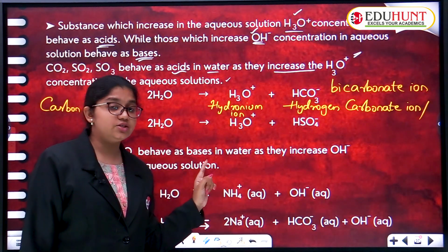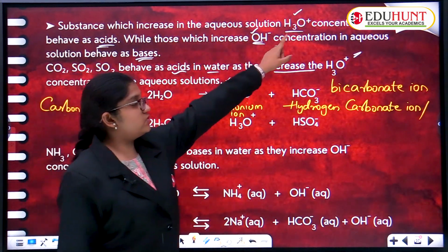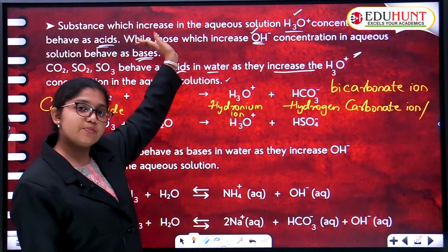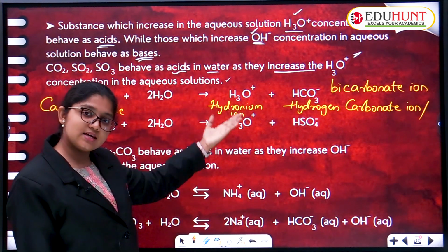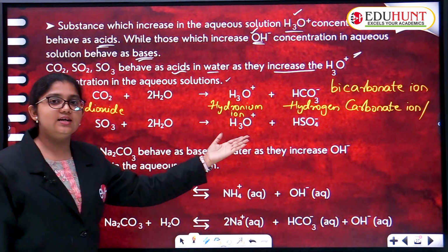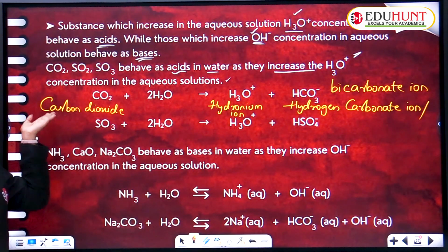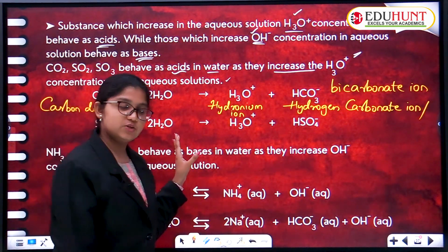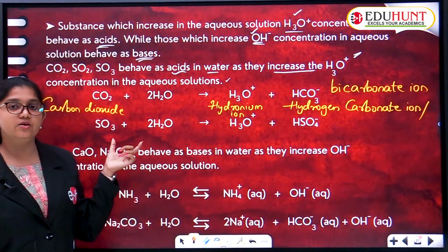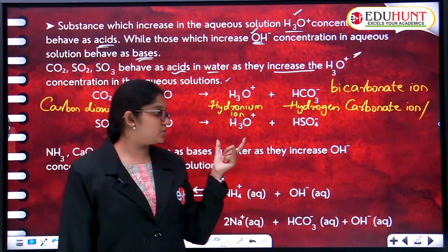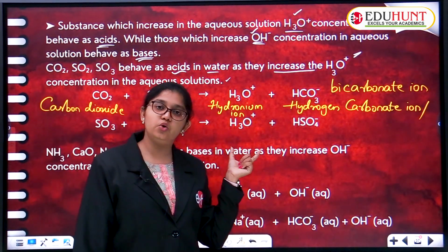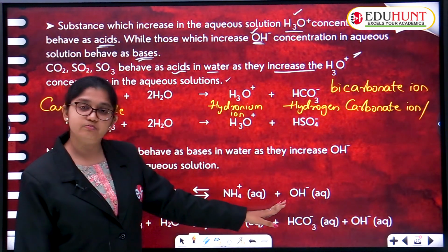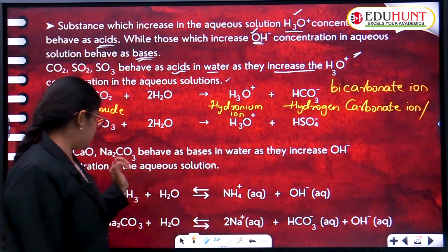In that condition, if it is giving H3O plus concentration in the aqueous solution, that particular substance is regarded as an acid. And that is the example given here. So CO2 and SO3 upon reacting with two molecules of water give rise to high concentrations of H3O plus, so those are regarded as acids. If it is OH minus, that is a base. Exceptions are there, no, children.